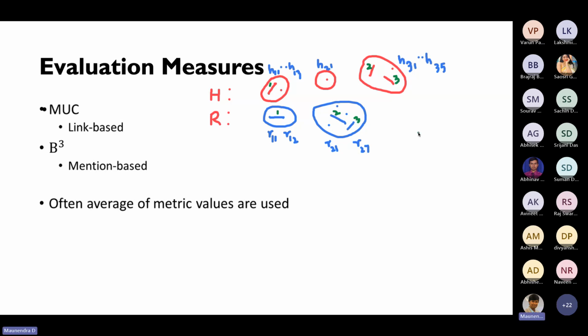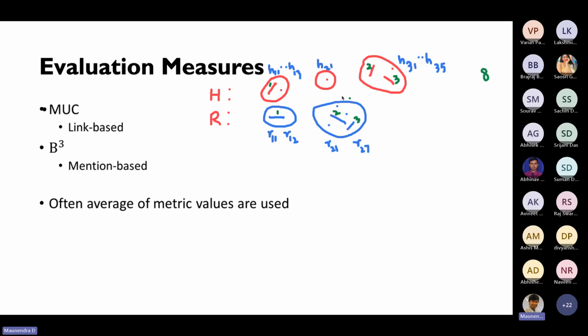Based on this, we compute the MUC F measure. So in H, the number of possible edges from this cluster will be 3. From here, there is no edge, and from here there are 5 nodes, so 5C2, which is 10 total edges, will be there. So from the prediction of the algorithm, we have 10 plus 3, which is 13 edges.